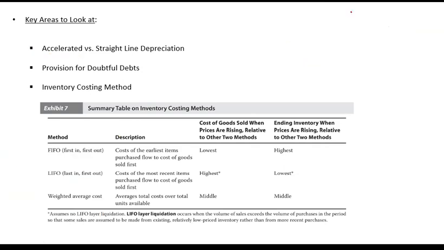Let's say I bought an asset for $100 and it has a life of 5 years. There can be two possible methods that I can use. One is the straight line method, which simply divides the depreciation expense over the life of the asset. I bought it for $100 and at the end of its life, I think the value will be 0.